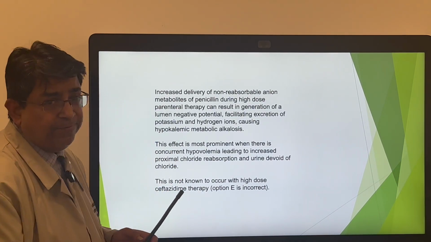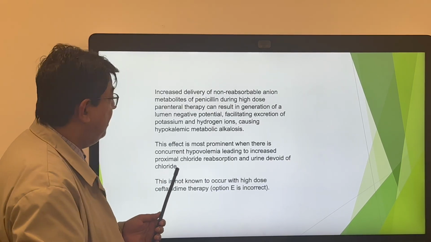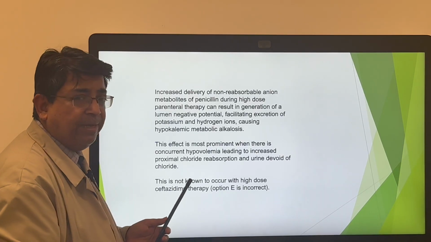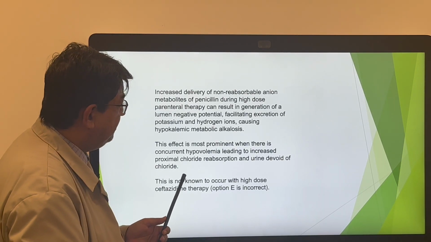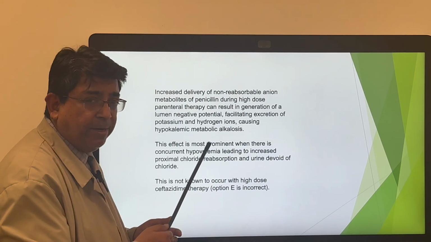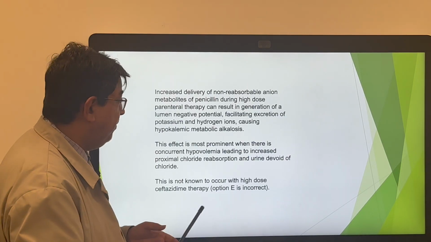Penicillins: the idea of non-reabsorbable anions is important. Bicarb is one of those anions, so if you have alkalosis for any reason, the bicarb will be excreted by the kidney, and potassium will follow the bicarb.